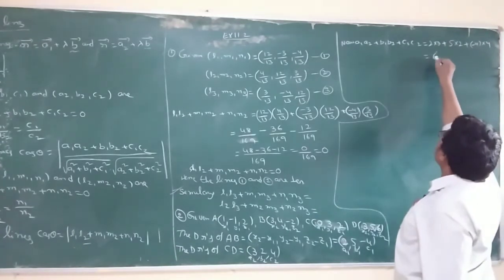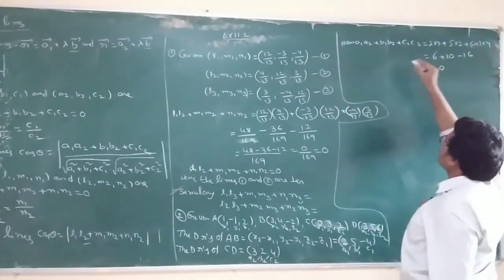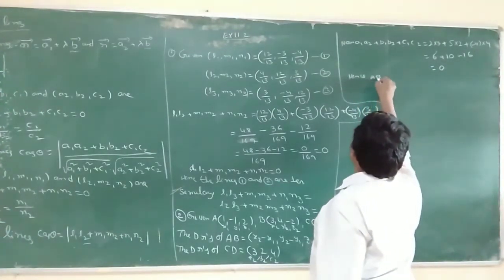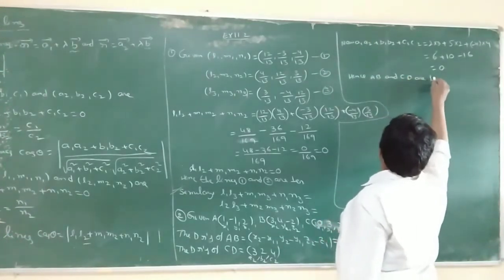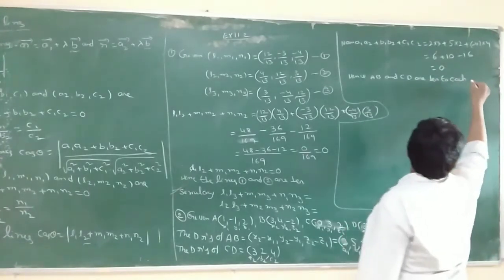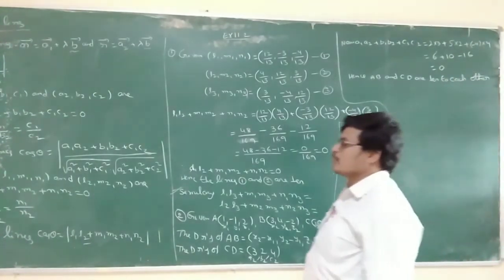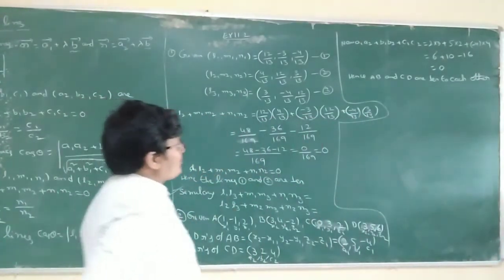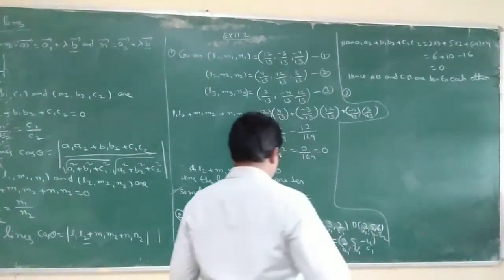That is equal to 6 plus 10 minus 16, so that is equal to 0. Hence AB and CD are perpendicular to each other. A simple and important question.